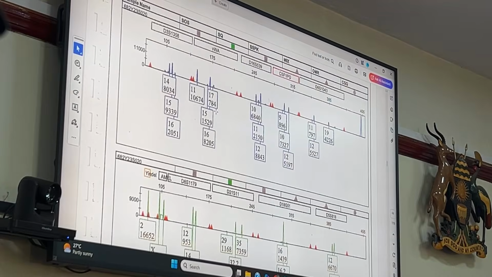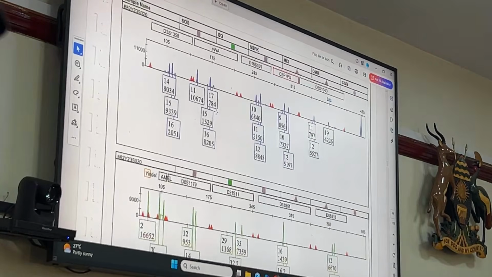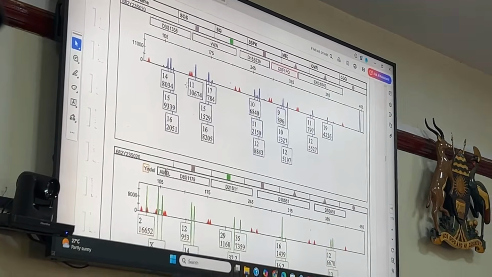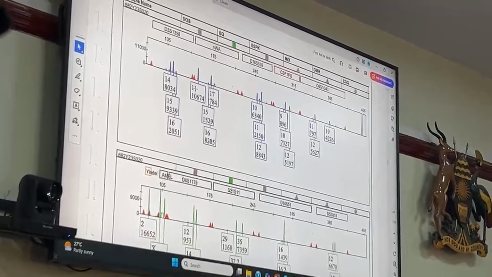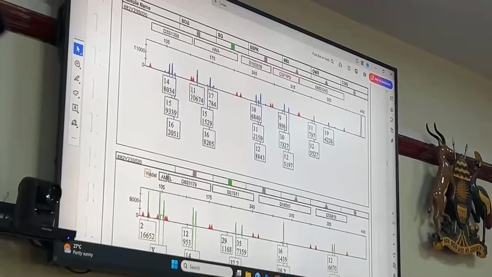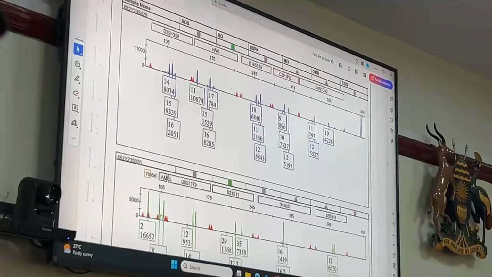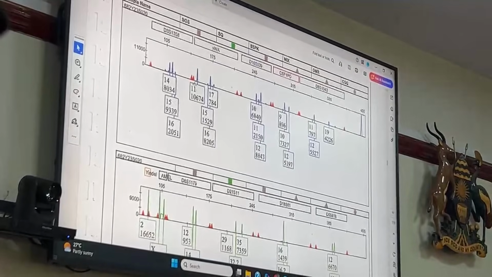DNA adheres to specific rules when it is well amplified, and therefore it is not possible at this area for the profile to be anything different from the designations 11 and 16, the big peaks.